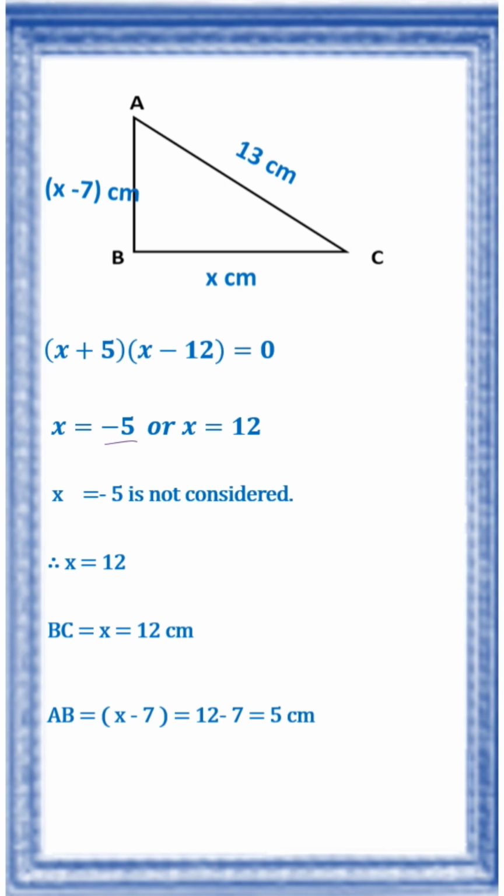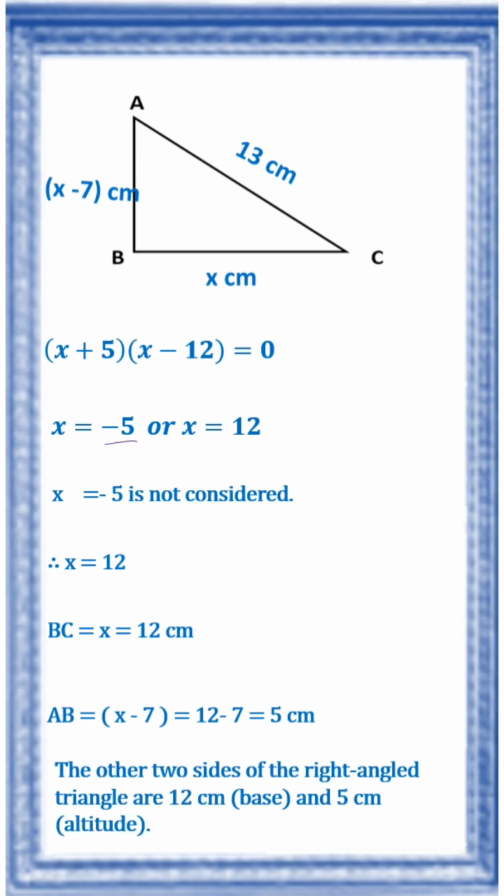AB, the altitude, is x minus 7, that means 12 minus 7, that is 5 centimeter. So the other two sides of the right angle triangle are: the base is 12 centimeter and the altitude is 5 centimeter.